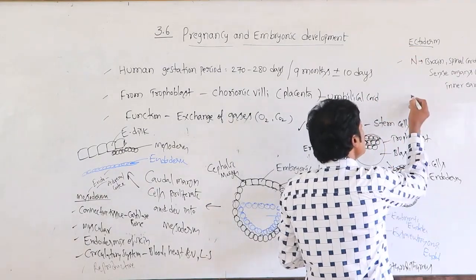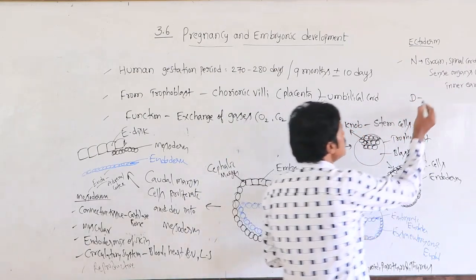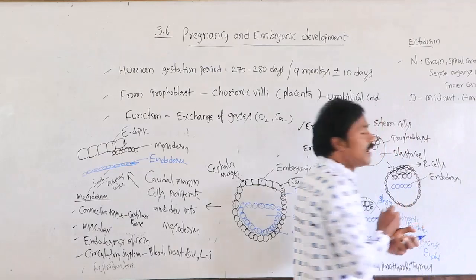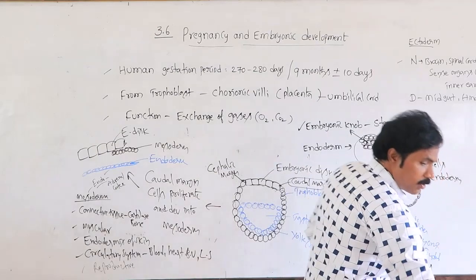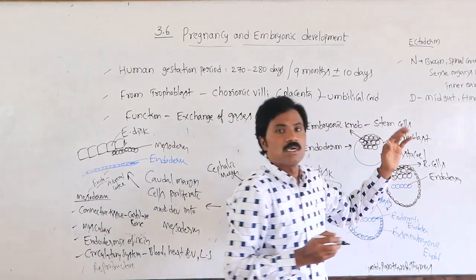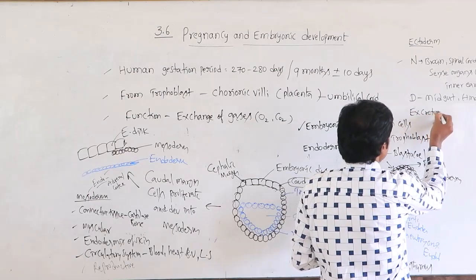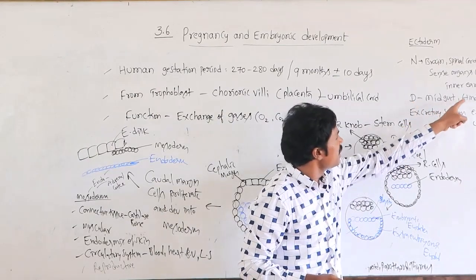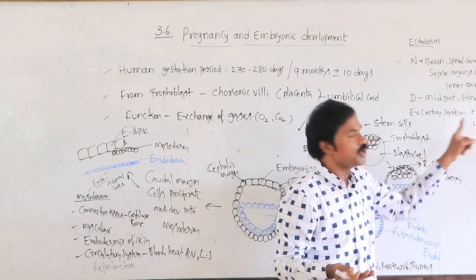Then, related to digestion, the midgut as well as the hindgut formation. Then the excretory system develops too. Digestion relates to the midgut and hindgut. The excretory system means all parts of the excretory system except the urinary bladder.